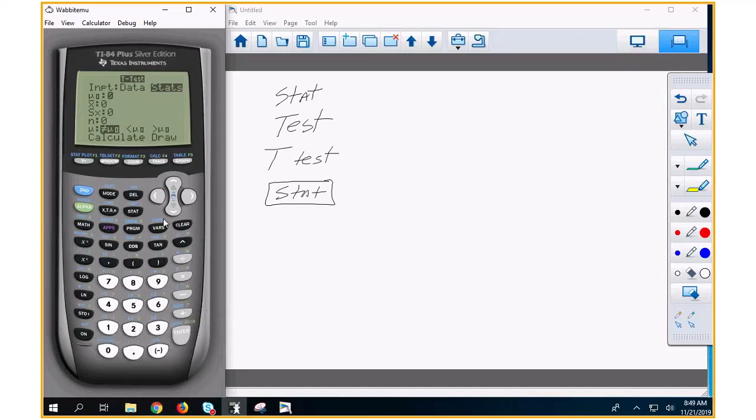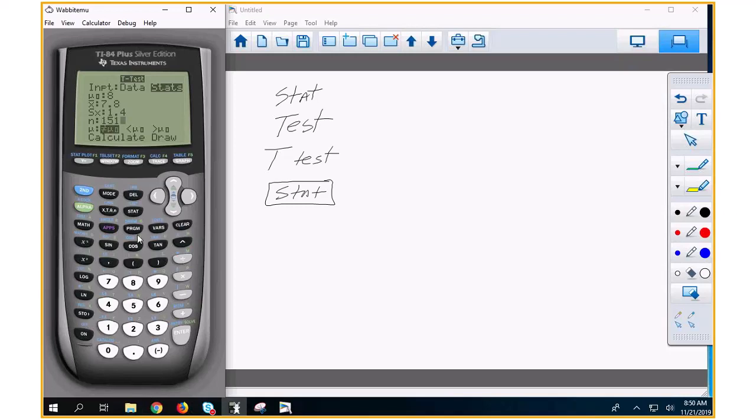And mu is what? 8. And x bar is 7.8. And standard deviation is 1.4. And n is equal to 151.